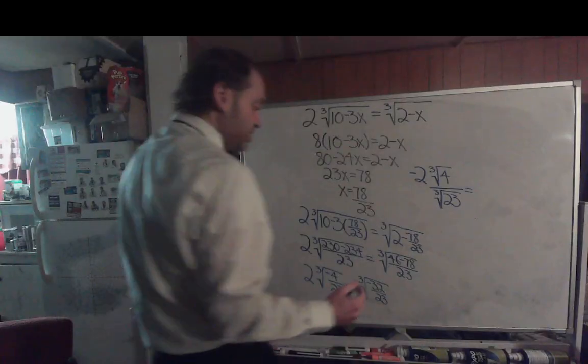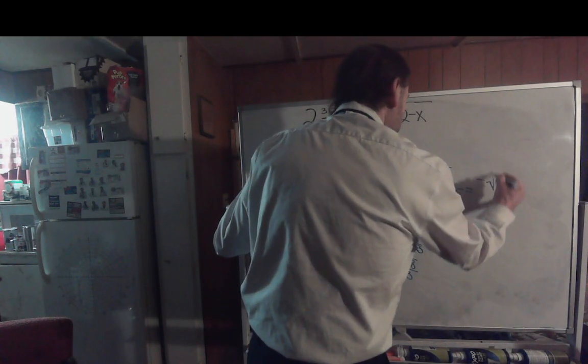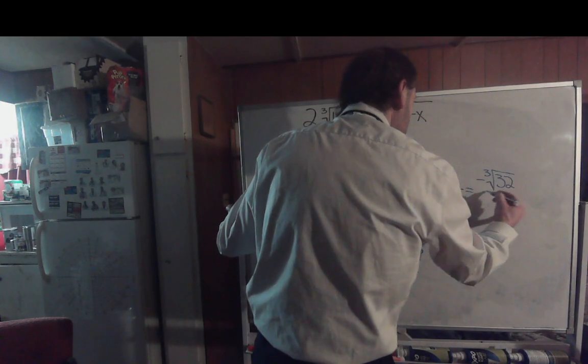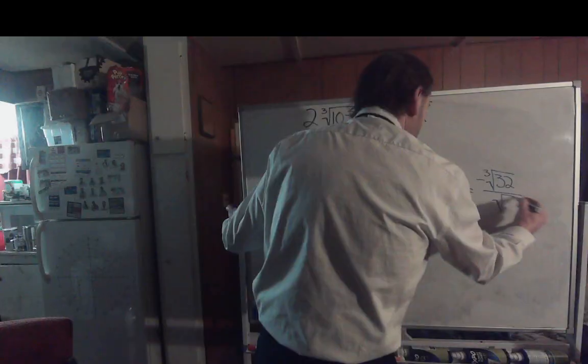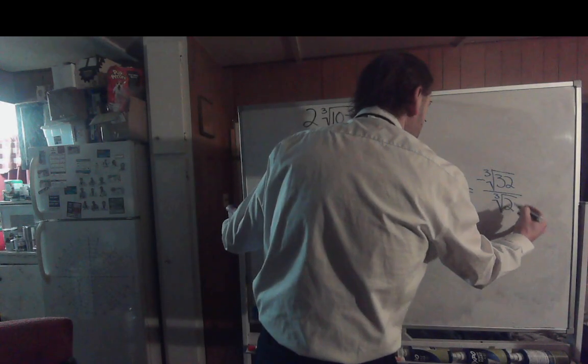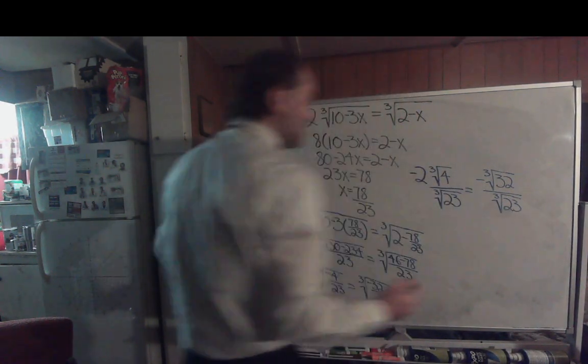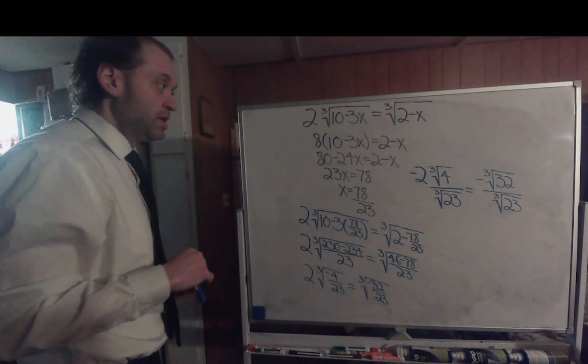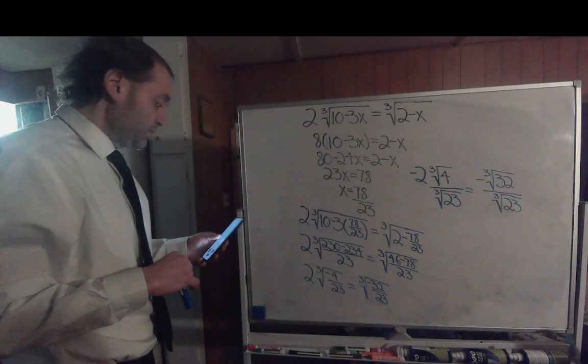Set that equal to negative of the cube root of 32 divided by the cube root of 23. Make sure you extract your negative, because otherwise it's going to be a real pain to get your calculator to work with you.